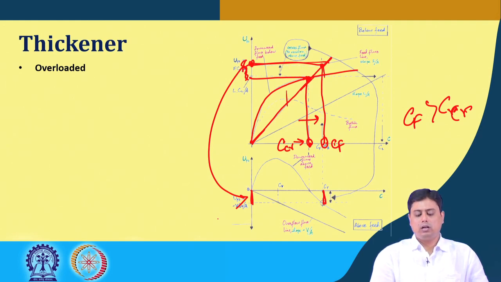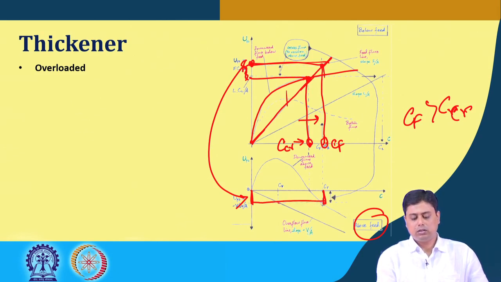If we plot for the above feed scenario, it would again cross this L minus V by A line at a certain value and the total flask at a certain concentration.